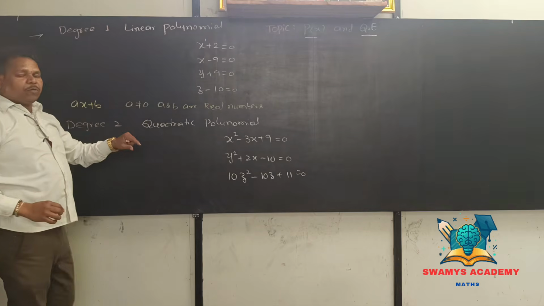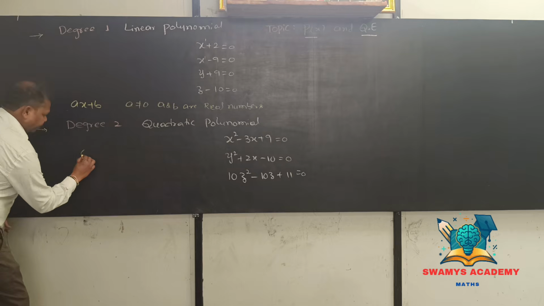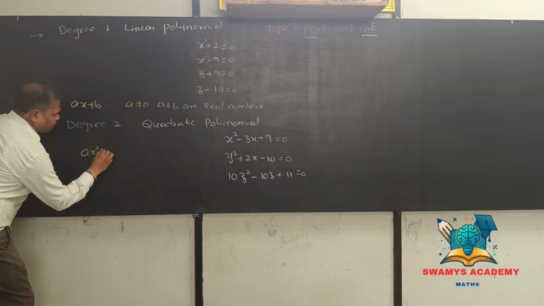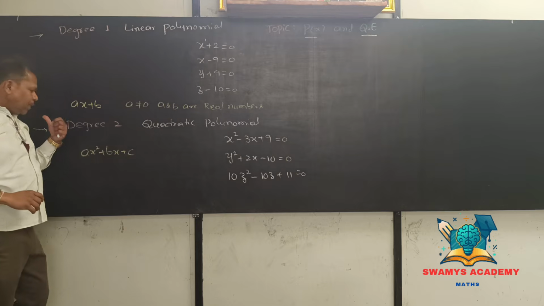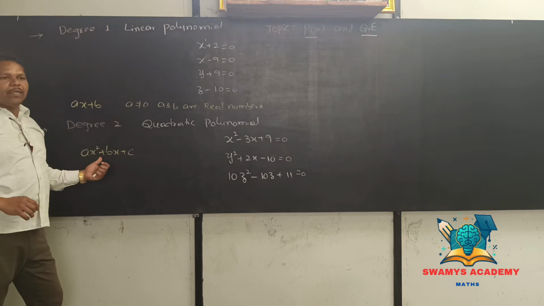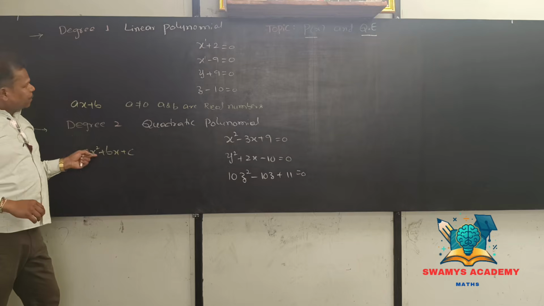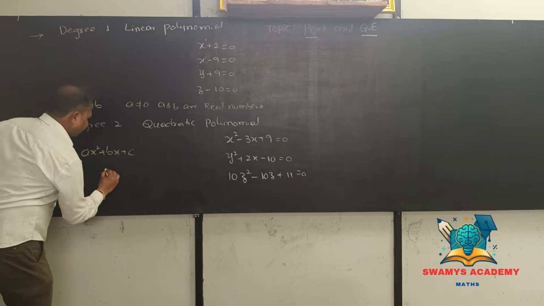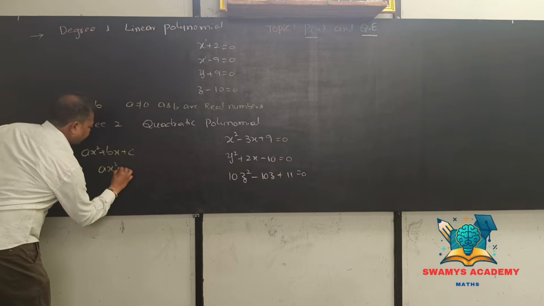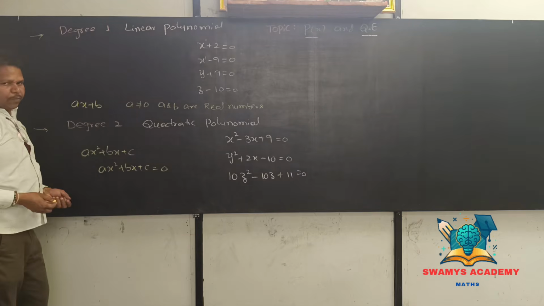The standard form of the quadratic polynomial: ax square plus bx plus c. The standard form of the quadratic polynomial equation is ax square plus bx plus c equals 0.